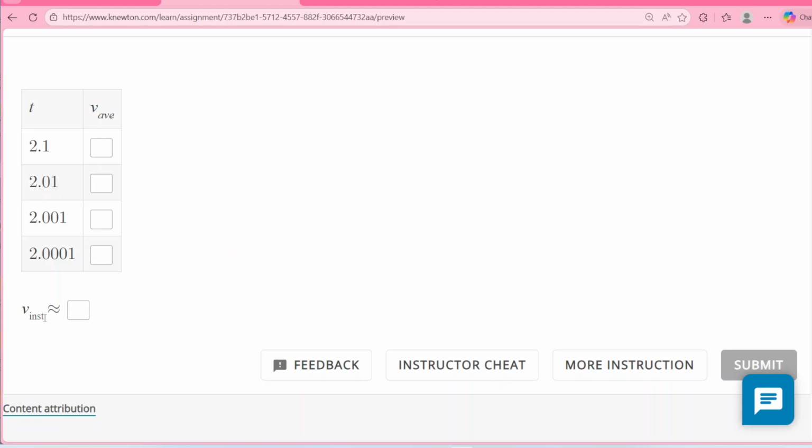And then you're asked to approximate the instantaneous velocity based on these average velocities as the value of t gets closer and closer to 2. So you're using slopes of secant lines, average velocities, as the time gets closer to 2 seconds to then state what the velocity at 2 seconds should be.